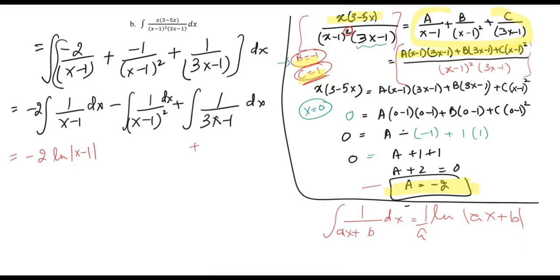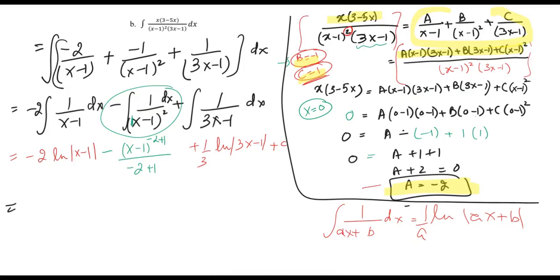And this is going to be 1 by 3 natural log of 3x minus 1 plus c. And this thing can be treated just as basically the power rule. So x minus 1 power negative 2 plus 1 by negative 2 plus 1. Because the coefficient of x is 1, you can treat that just as a power rule.